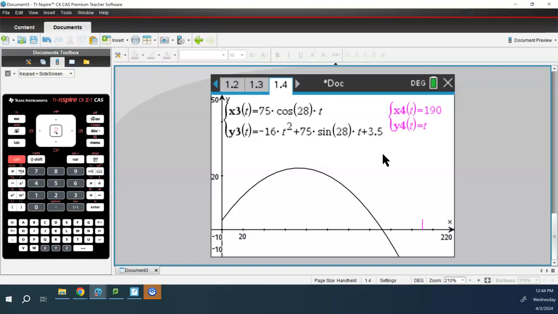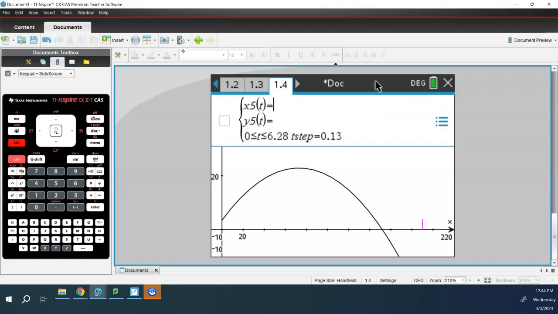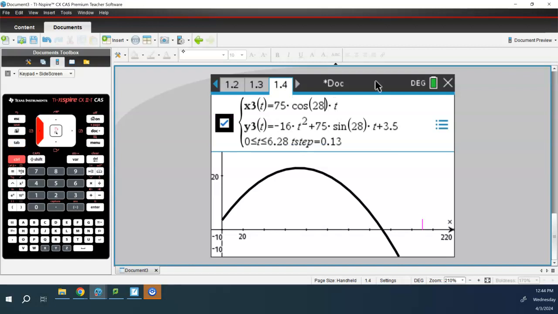Okay? Now, we can adjust the initial velocity to see how hard he would need to hit it in order to actually hit a dinger.